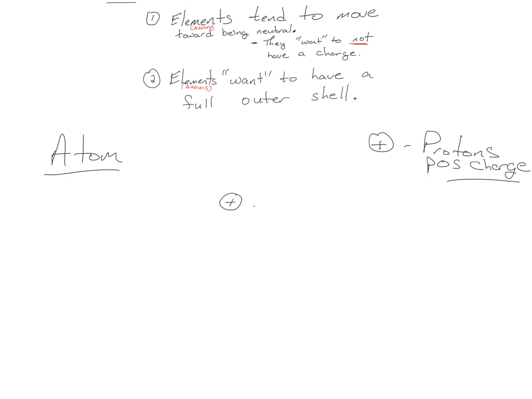I'm just going to put one proton in a minute. And it also has neutrons. So they have these things called neutrons. Neutrons are in the nucleus as well. They have no charge.